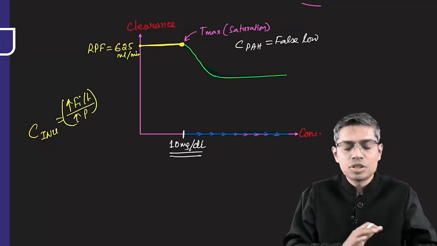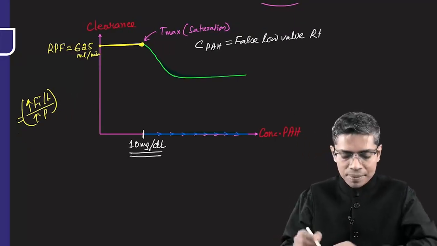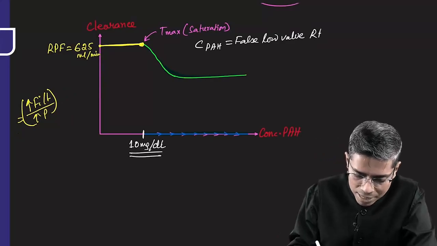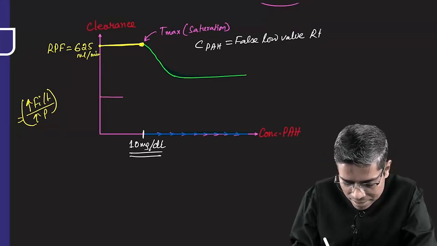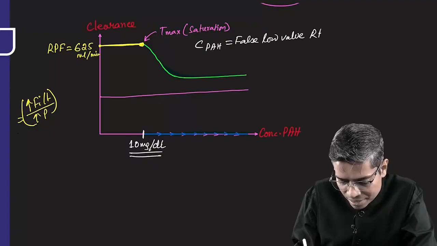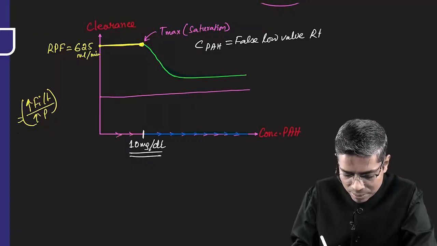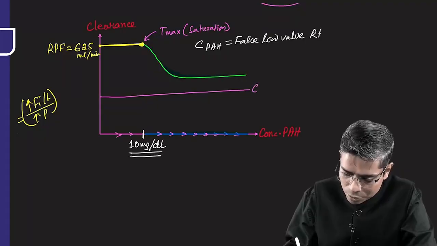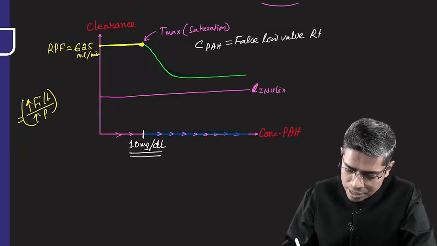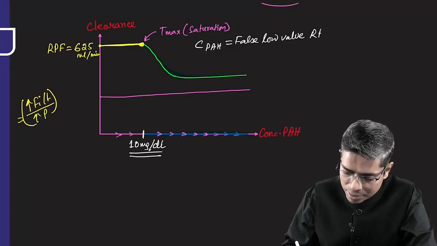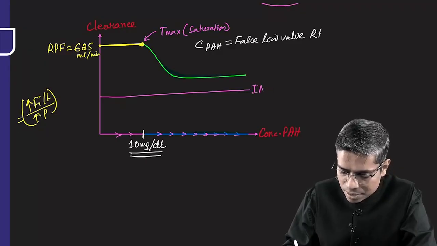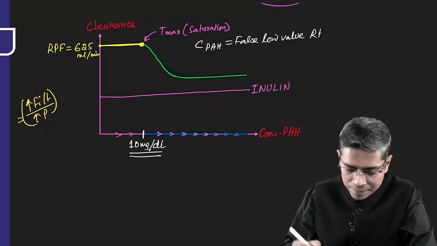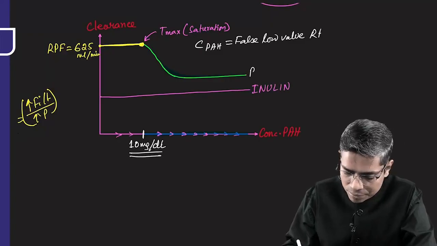So the ratio will remain constant. That way, the clearance curve of inulin is a simple straight line, irrespective of the plasma concentration. Whenever your plasma concentration is rising, inulin clearance is not going to change. So this is the clearance curve of inulin, and this is our PAH.